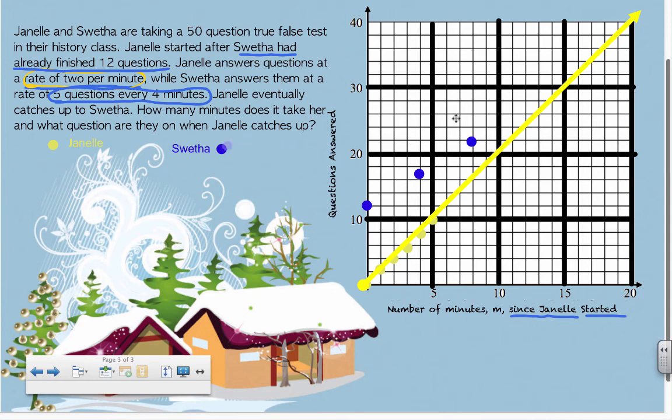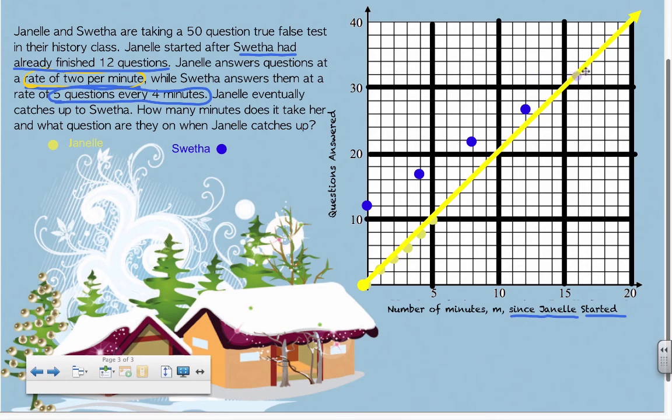She'll answer 5 more questions, so that'll bring her up to 27, and that would have taken her 4 minutes. Getting close, but not quite, so we got one more. All right, so if that was 27, now she'll be on question 32 in 4 minutes.